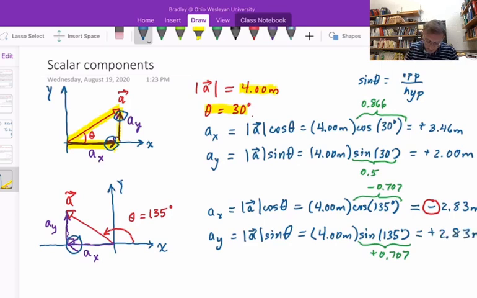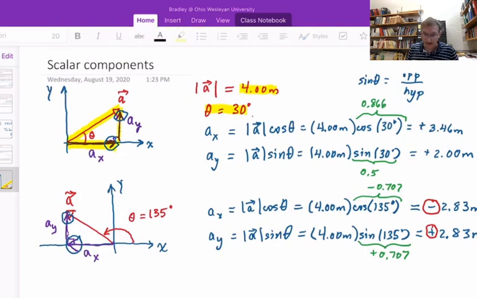That's consistent with the arrowhead on A_y pointing in the plus y direction. And that plus sign for A_y is very important. Okay? For this vector, the x component is a negative number, and the y component, scalar component, is a positive number, which the little diagram, the right triangle, shows you pretty clearly. Now I want to show you one other way to find the components in this case.